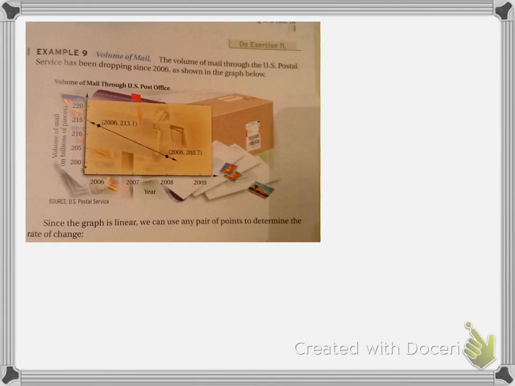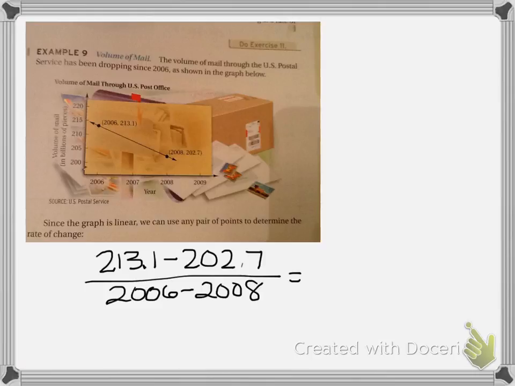Try this example. So we look at the change in the y values. The y values here are the billions of pieces of mail. So 213.1 minus 202.7 is 10.4. And 2006 minus 2008 is negative 2.